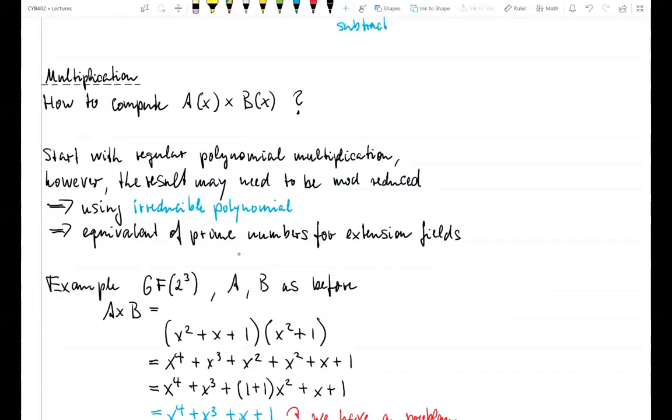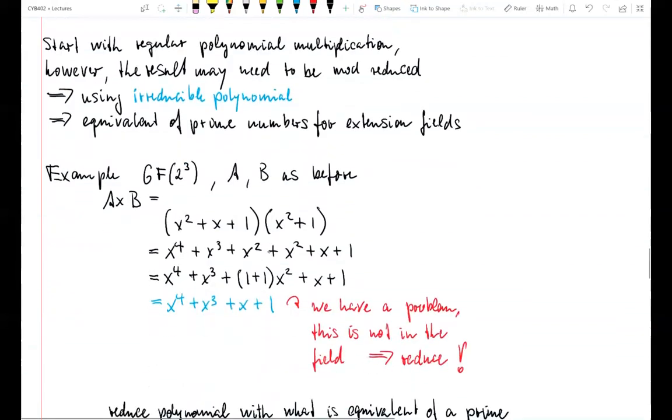They're not exactly the same, but for our purposes, they behave equally. Irreducible polynomials are basically prime numbers for extension fields. And in extension fields, you have polynomials as members. So our prime number that we do modulo reduction by is an irreducible polynomial.